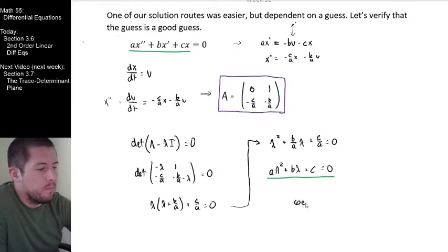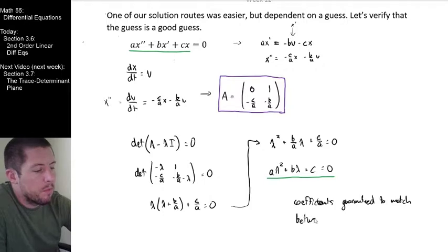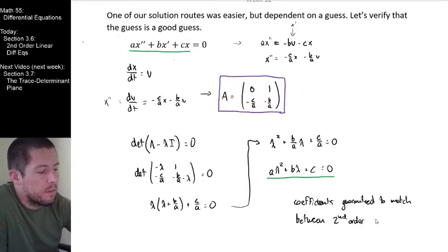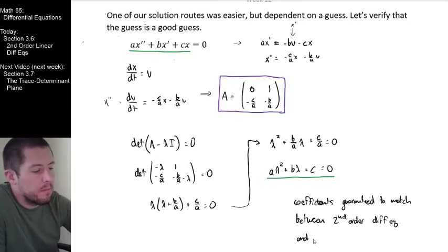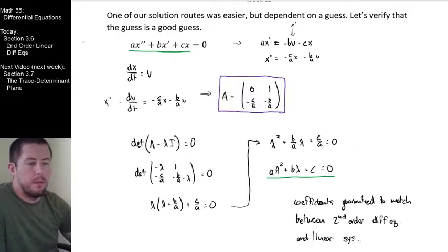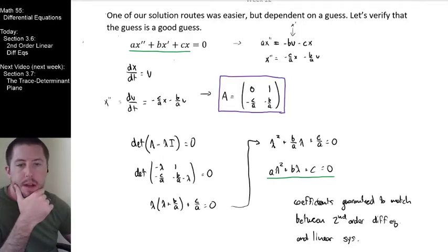Let me just say this: the coefficients are guaranteed to match between second order differential equations and the linear system. Right, so we can just do a little smidge of eigenanalysis in general of A, B's, and C's and see that it does work out that those match up there.